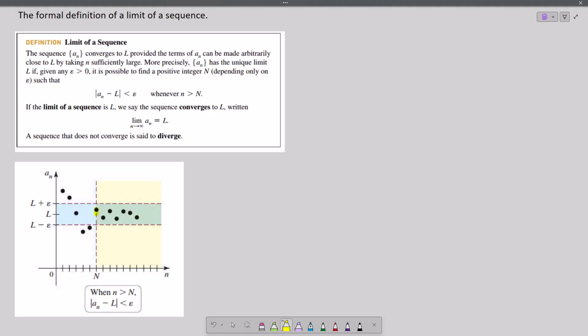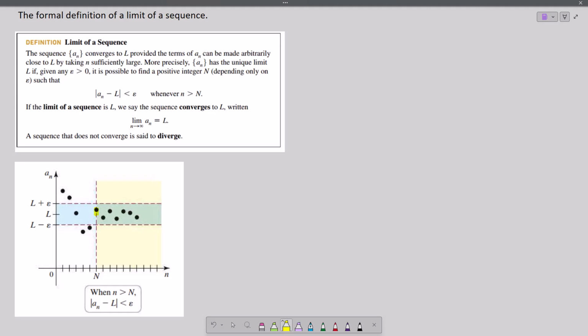And all this says is that the sequence value and the limit are close, like epsilon's a tiny number, so this just says they're close. This says that the sequence value and this number L are going to be super close whenever you go far enough out in the tail. And if that's true for every positive epsilon, then the limit exists.